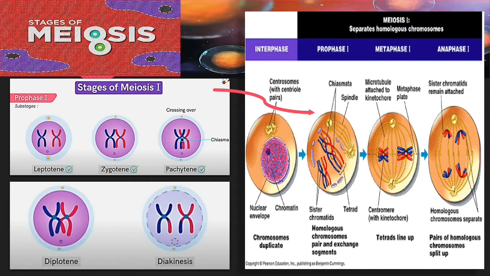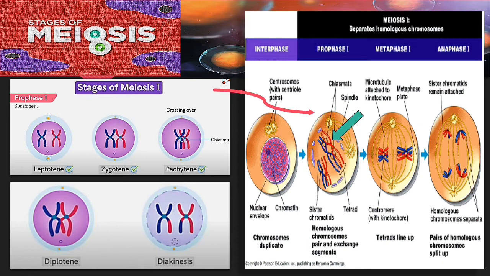In pachytene, there is an exchange of gene segments between 2 non-sister chromatids of homologous chromosomes. This is known as chiasmata or chiasma. It is the point of contact between 2 non-sister chromatids belonging to homologous chromosomes, and at a given chiasma, an exchange of genetic material can occur between both chromatids.